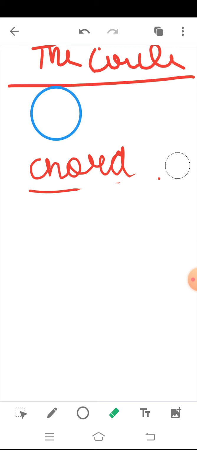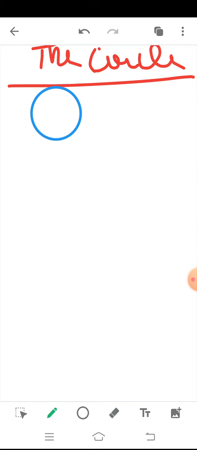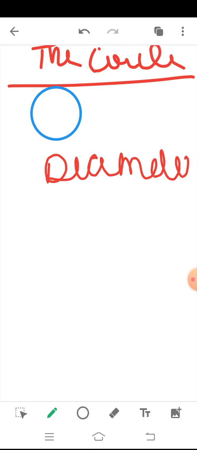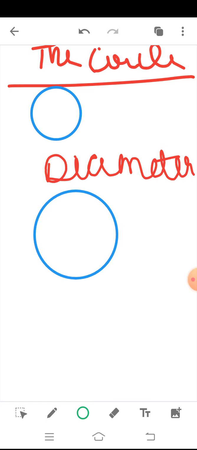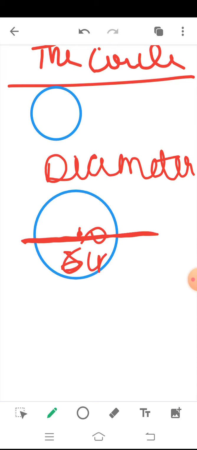So now the next topic is our diameter. What is a diameter? Suppose I draw a figure and mark the center as O again, and suppose this is 5 centimeter, this is 6 centimeter.